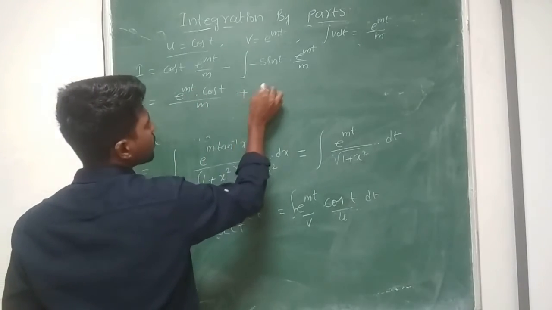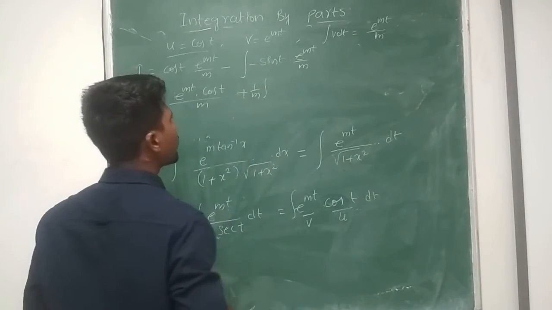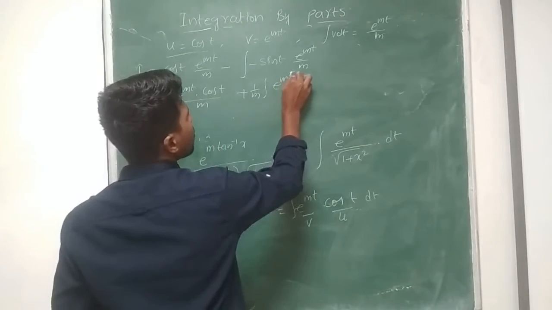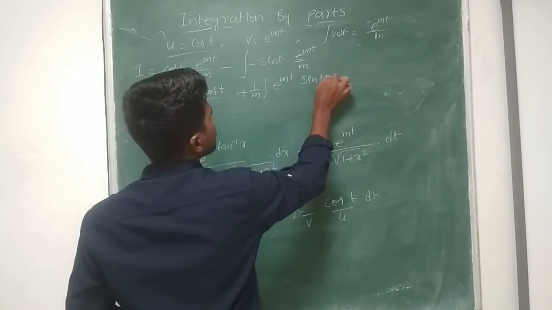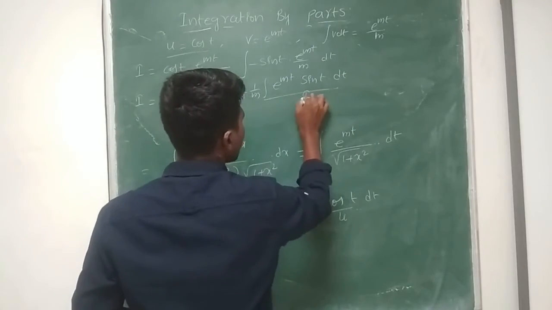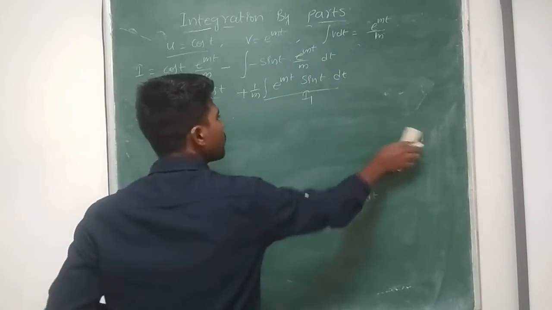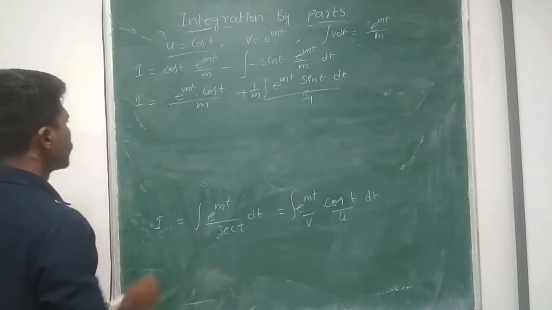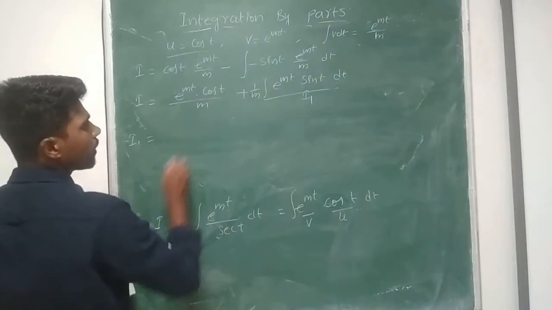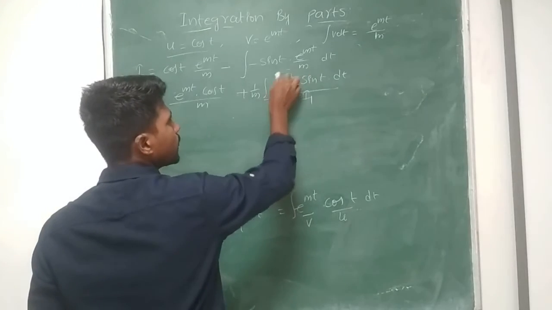Now I is equal to e power mt cos t by m minus into minus, plus integral. So I can take m also outside. I can write it as 1 by m into integral e power mt sin t dt. Now consider this particular part as I1. Evaluate I1 and substitute, same as the previous problem. In this particular case, which one acts as u and which one acts as v?